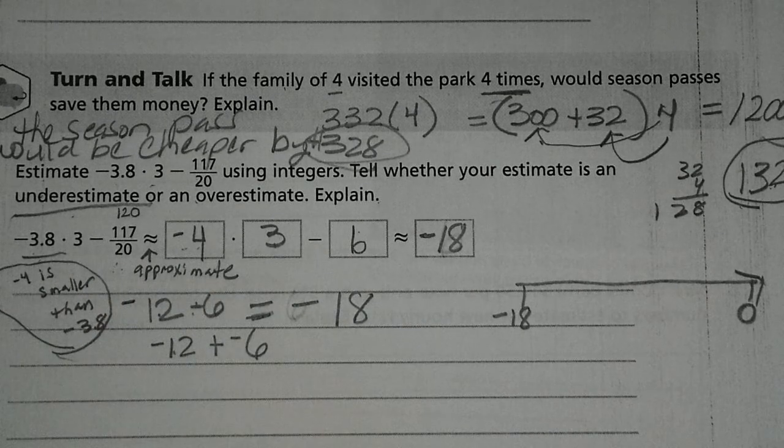Now, if they were all whole numbers, if 3 8/10 was a whole number and I rounded it to 4, then I would get a larger positive number, so it would be an overestimate.